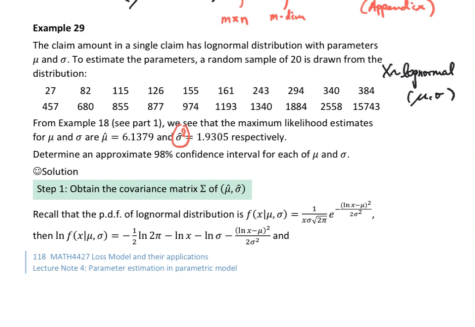If you want to know the derivation, you can just revisit example 18. Now what I'm going to do is find the 98% confidence interval for each of mu and sigma. That means I would like to find the range of mu and sigma such that the prediction is correct with 98% probability.